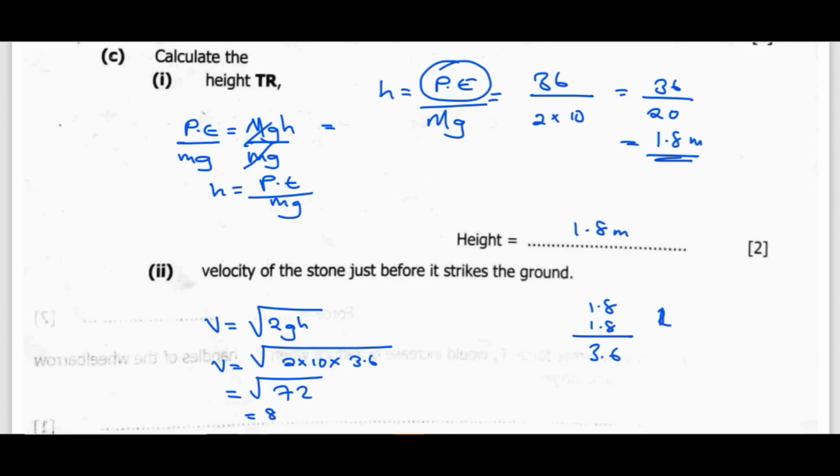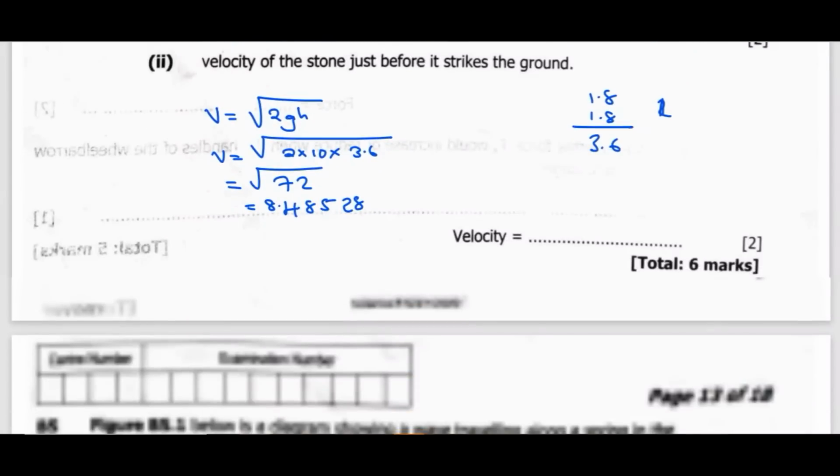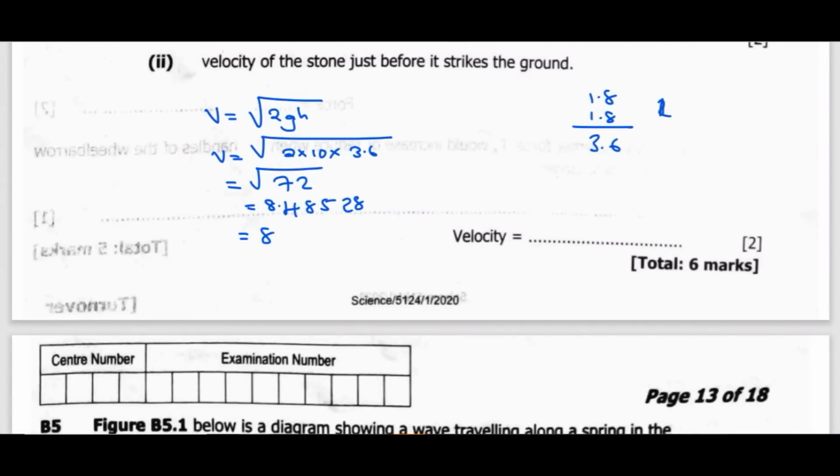So we have 8.485228. So initially we can write it as 8.5. So that is the velocity, which is 8.5 meters per second. Don't forget the units there. Don't forget the units. So let us move to 5.